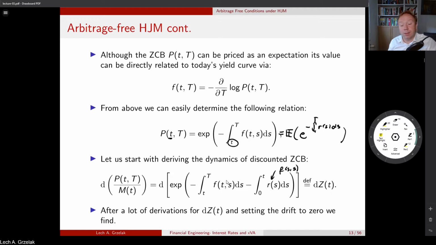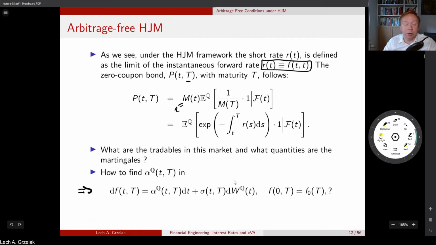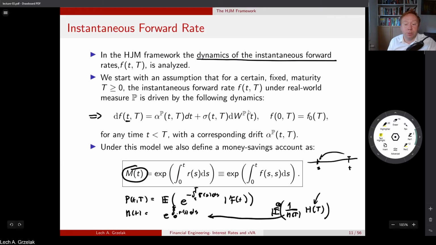However, we know that this quantity here needs to be a martingale. This means that if we have a process for f(t,T), which I think we have defined already earlier under this measure P, this has dynamics. These dynamics will be used in that derivative.